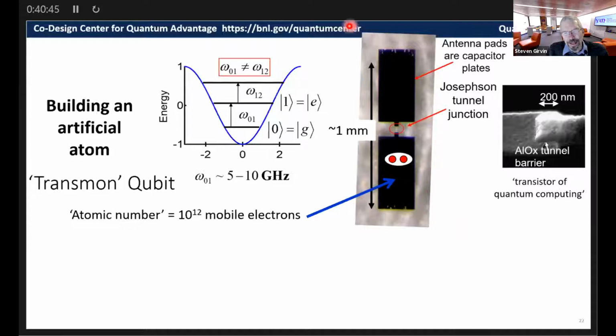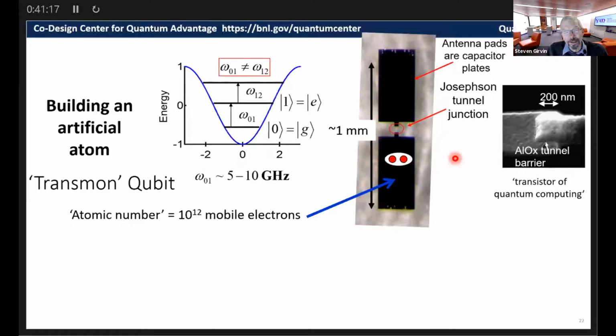It's evaporated on a special sapphire substrate, which is an extremely good insulator. And then the 2 halves of the antenna pads are connected together by a Josephson tunnel junction. It's 2 little pieces of aluminum that overlap with a little bit of oxide insulating barrier between them. Very small, 200 nanometers on the side here, made in the Becton and Malone clean rooms.